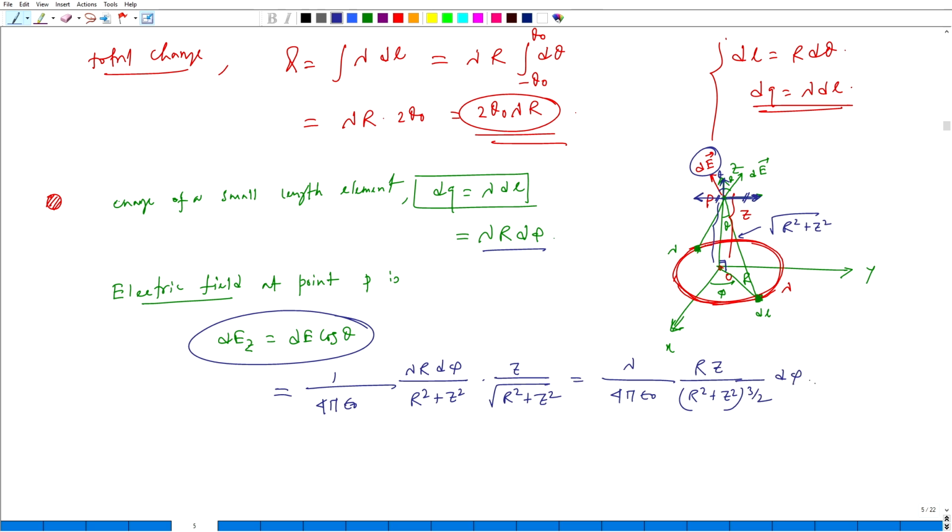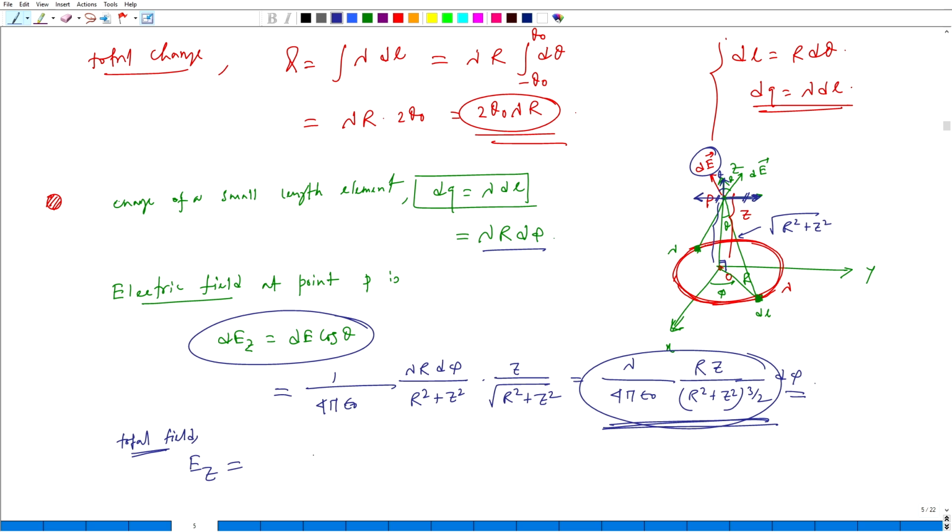Since the whole result does not depend on phi, integrating over the entire ring, this d phi integral gives 2 pi, right. So the total field at point P, that is, due to the entire ring, we just integrate over d phi, because the cofactor of d phi does not depend on phi.